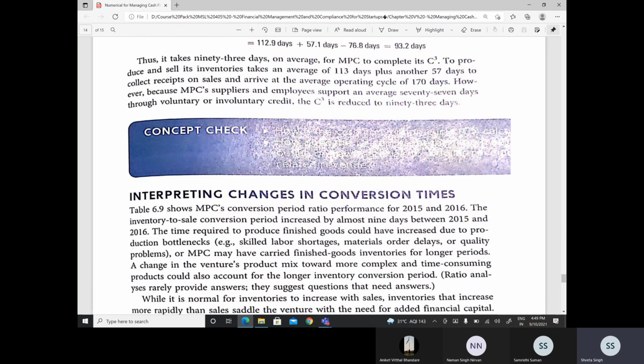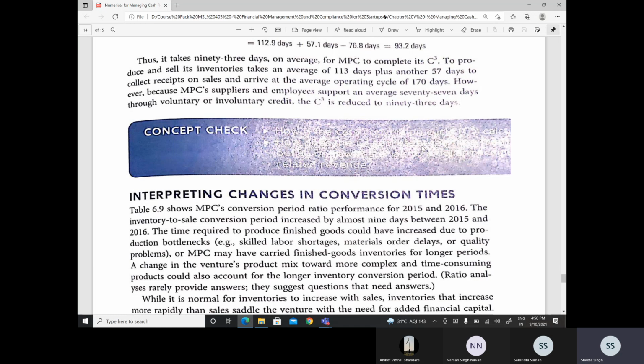Thus, it takes 93 days on an average for MPC to complete its C3, that is 3 months. To produce and sell its inventories take an average of 113 days plus another 57 days to collect receipts on sales and arrive at the average operating cycle of 170 days. However, because MPC's suppliers and employees support an average 77 days through voluntary or involuntary credit, the C3 is reduced to 93 days.